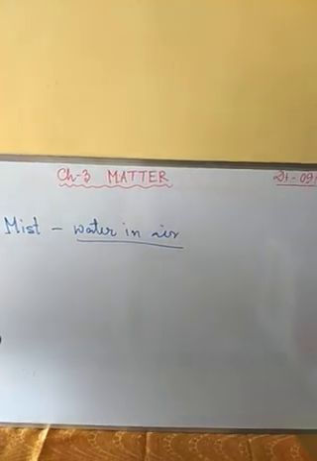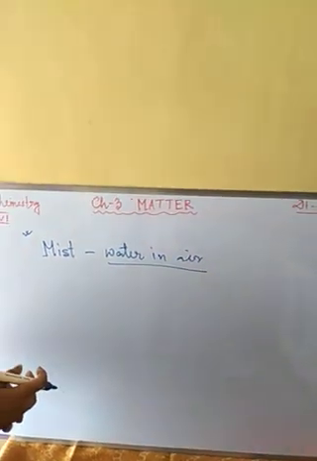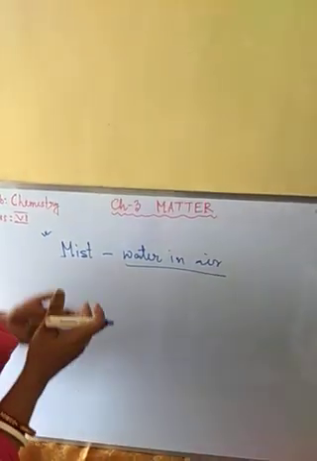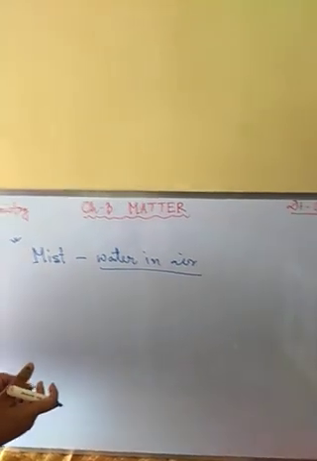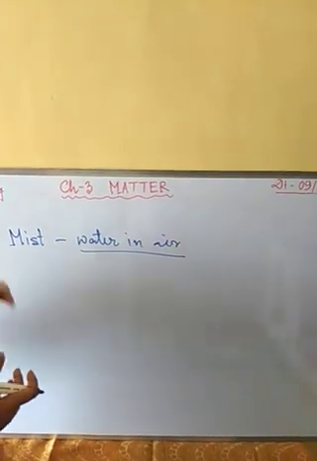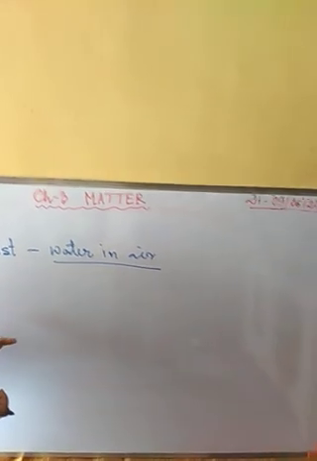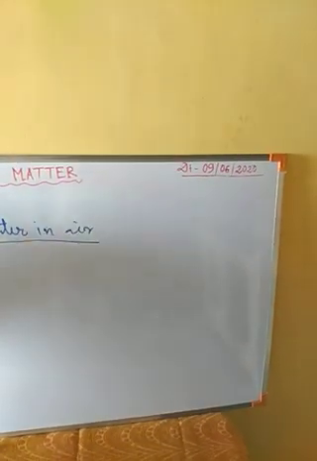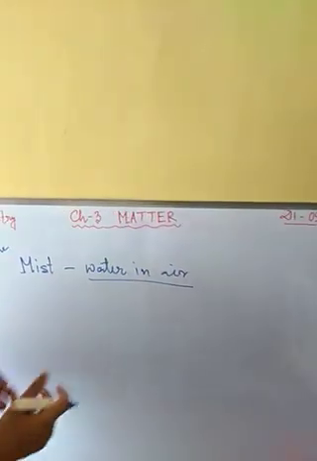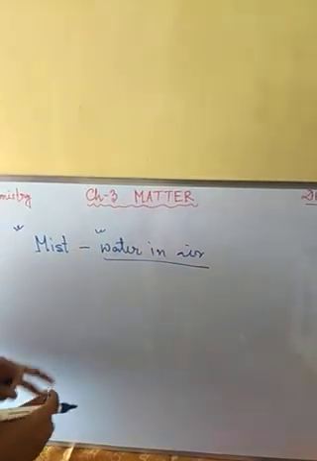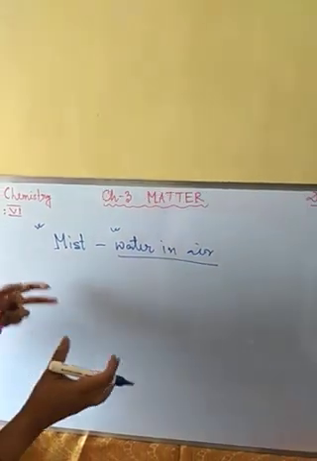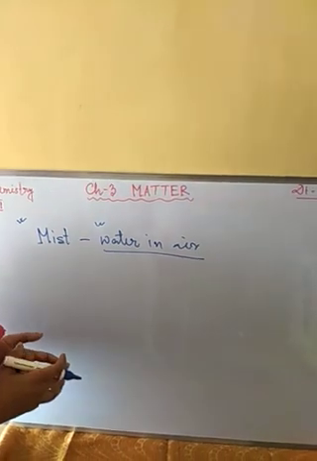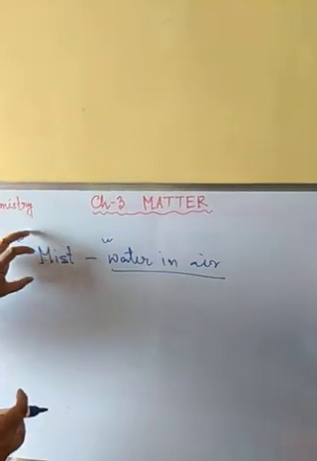Mist we will see during the winter season, or when the temperature of the atmosphere is very low, then we can see the mist all over in the air. That means because of the low temperature, water particles will remain suspended in air. So this is what mist is all about.